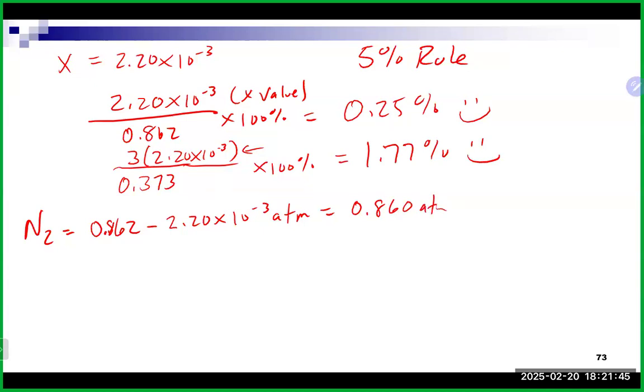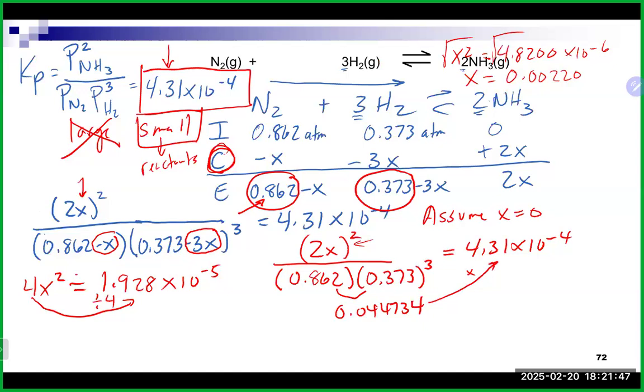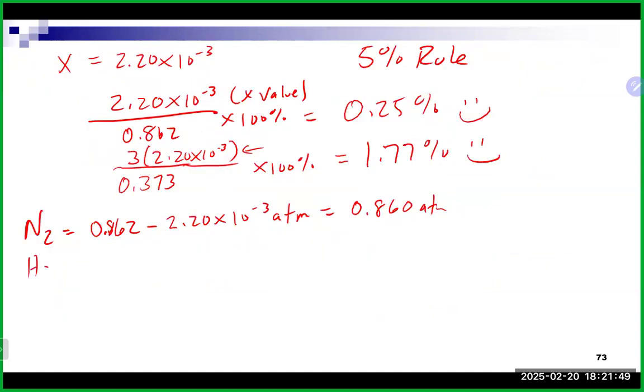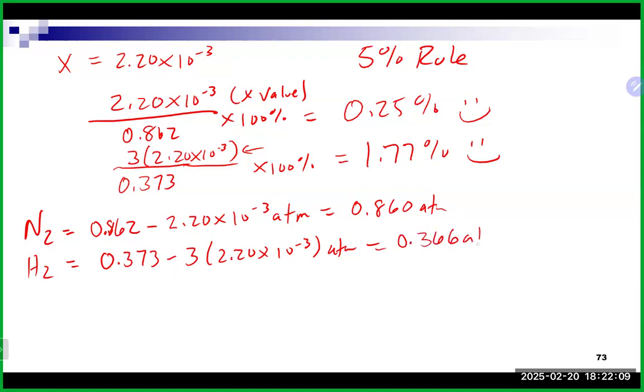For our H2, it's going to be 0.373 minus 3 times 2.20 times 10 to the minus 3. Again, these are atmospheres. So 0.373 minus 3 times 2.2 times 10 to the minus 3. That's going to get us 0.366 atmospheres.